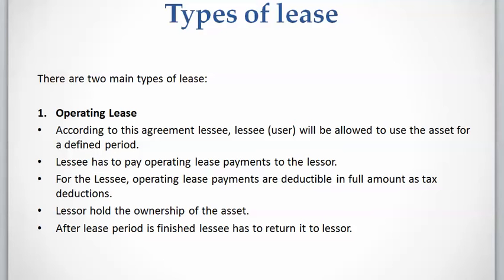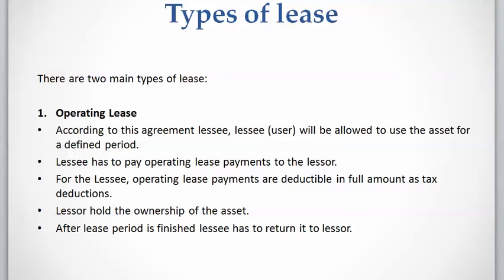There are many types of lease, but in this lesson I'm going to focus on just two main types of lease. One is the operating lease and the other is the capital lease. According to an operating lease agreement, the lessee is allowed to use the asset for a defined period of time.